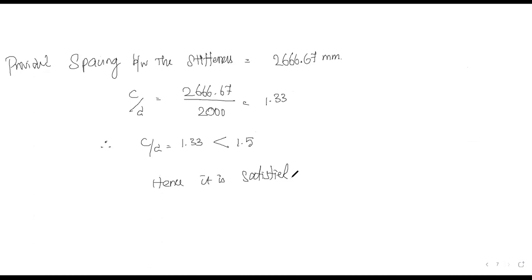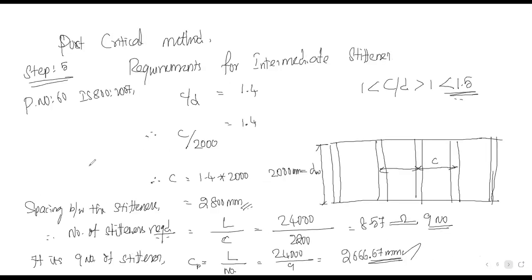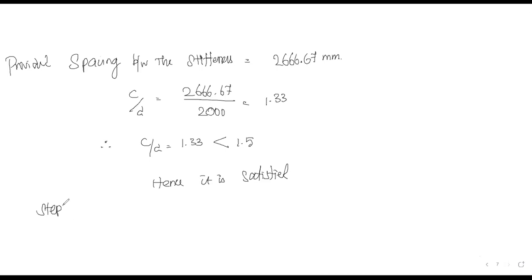Next we should move on to the remaining things, that is stiffeners, shear capacity of web, and moment capacity of web. Those things we are going to check right now. Next, step 6: shear capacity of web.